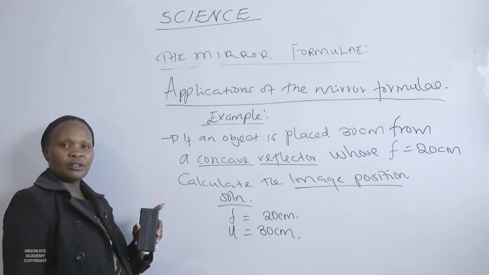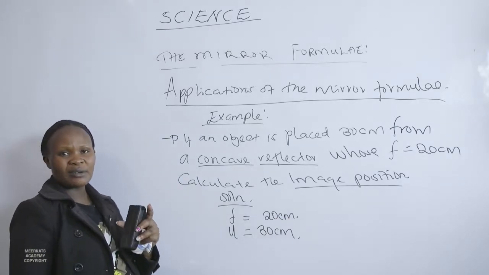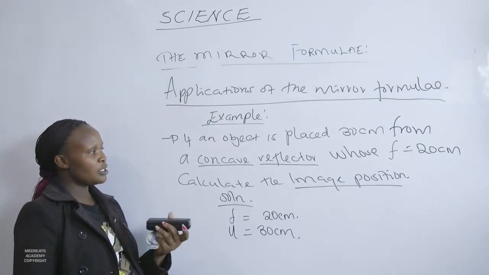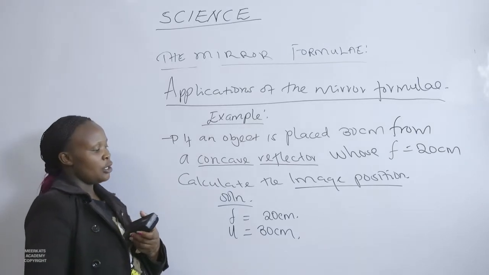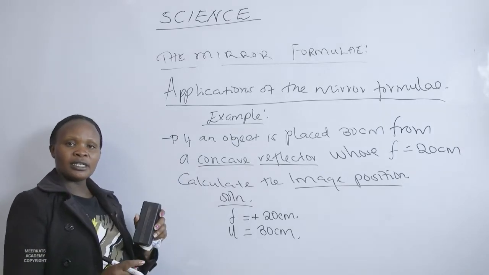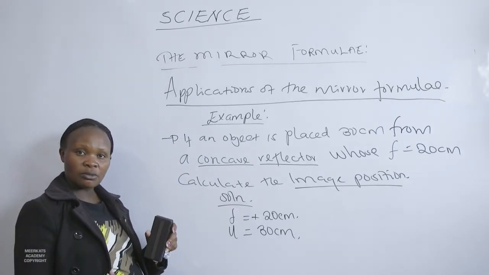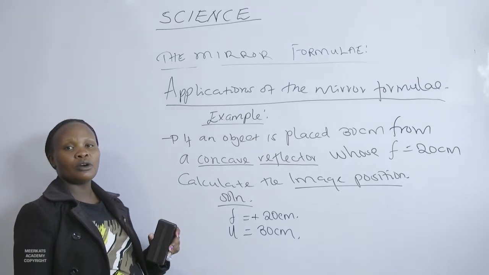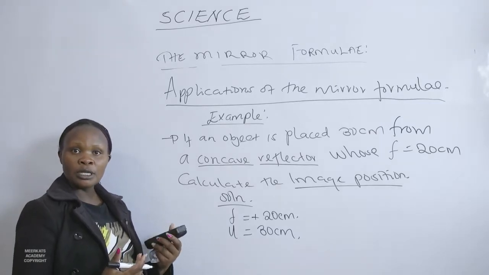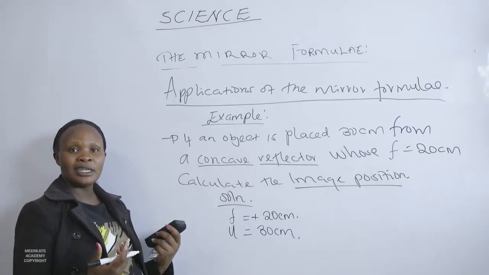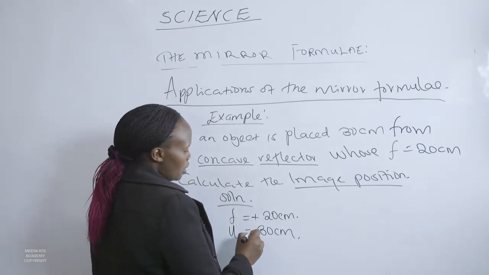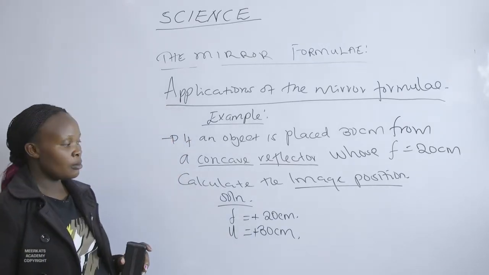Now, before we even proceed, we should ask ourselves, are these distances real or virtual? Now, it's a concave reflector, which qualifies the F to be positive. Then, the distance of the object will always be positive because the object must be there. It has to be a real object, which means it has to be placed a real distance from the mirror. And for that reason, even U becomes positive.